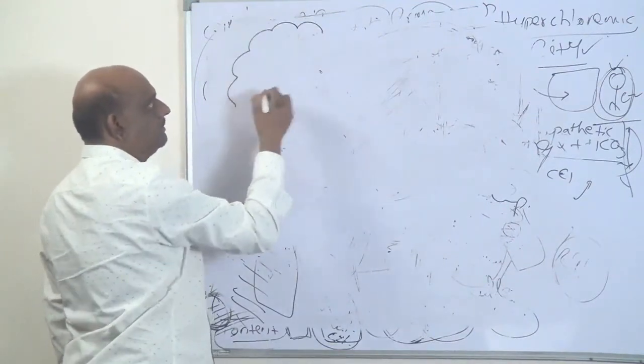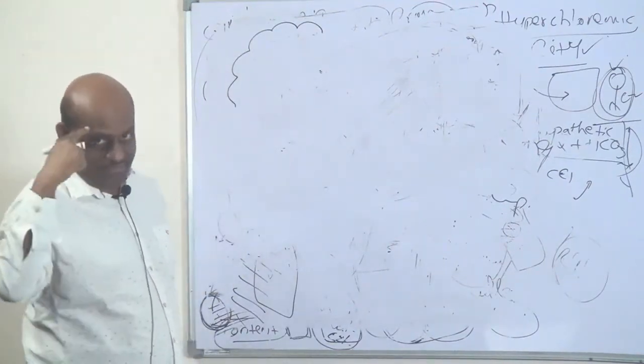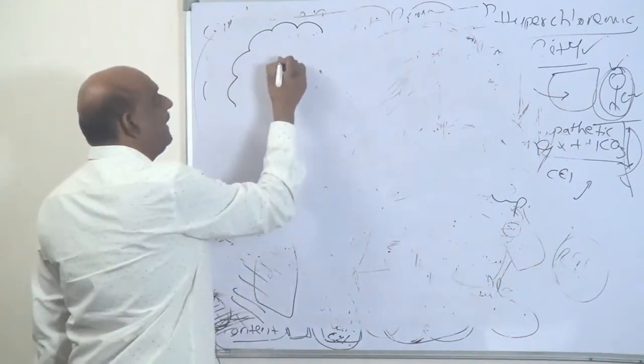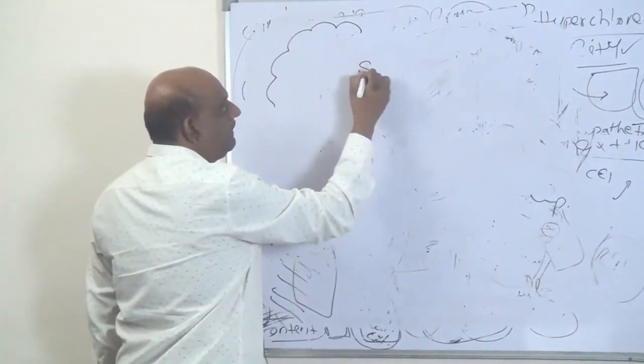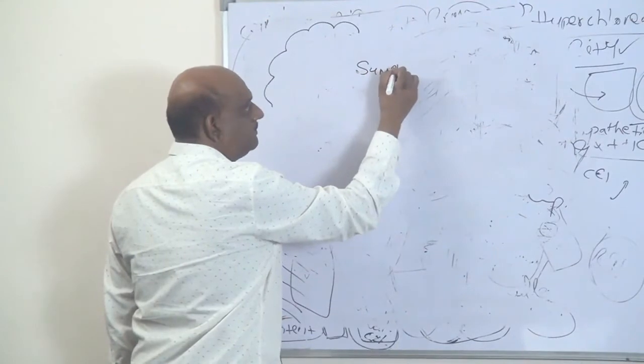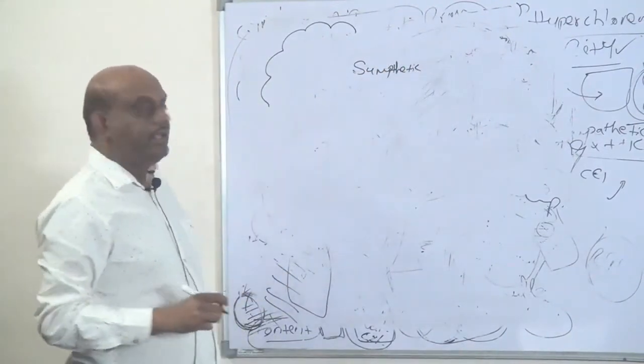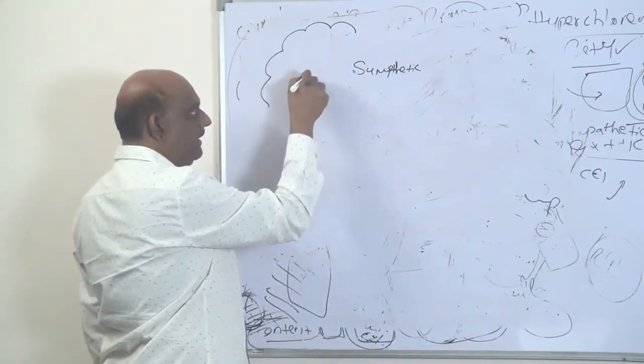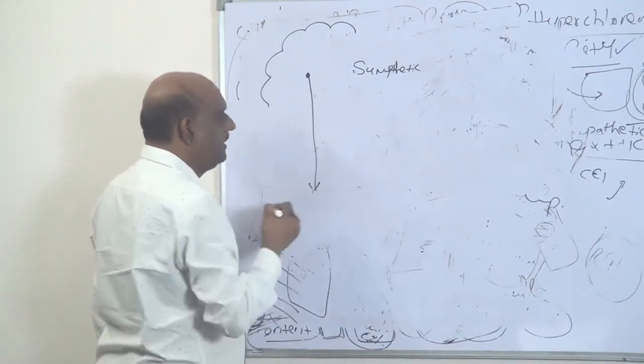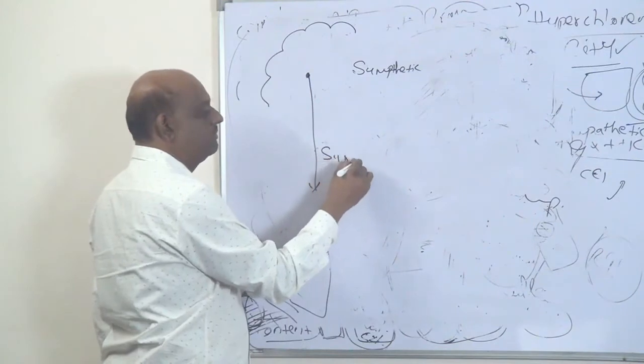Brain, you know brain, right? In this there is a sympathetic center. This center in the hypothalamus is responsible for releasing the sympathetic outflow.